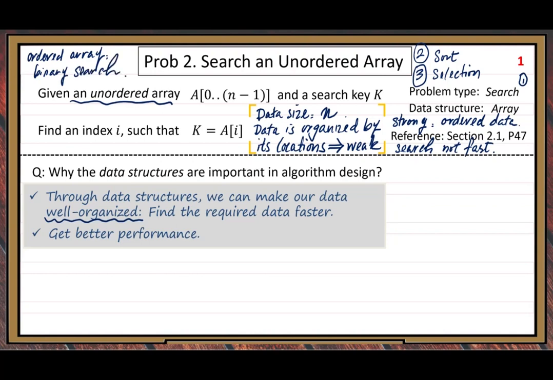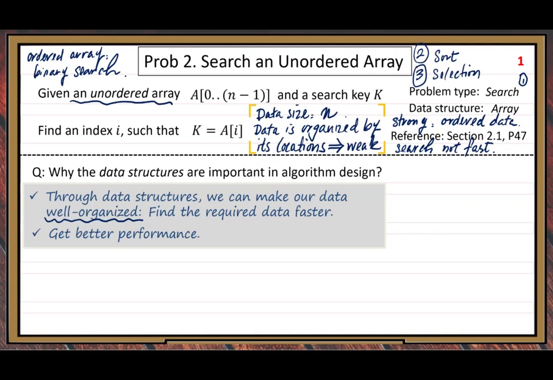We know the binary search is much faster than the search we are going to apply here. Here we call it the linear search, or sequential search. Binary search is much faster because we can treat ordered data. That's a strong organization, right?